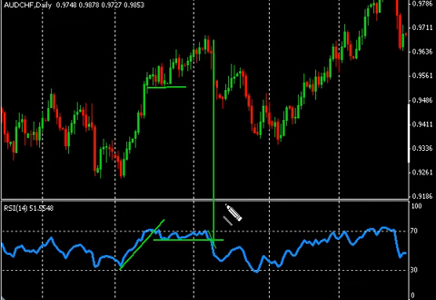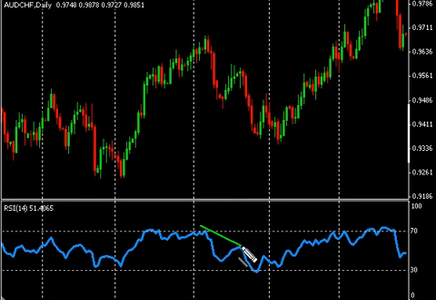Again, if you're looking for long positions, when is the trend line broken significantly? It'd be nice to see that the indicator goes up and comes back down, and then you can actually form divergence. Here we have clear divergence with a trend line break.